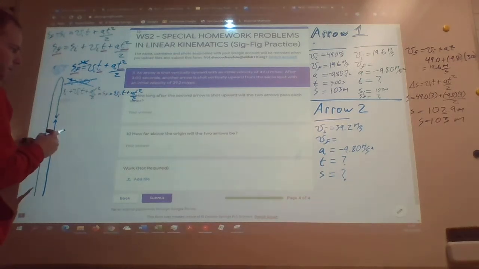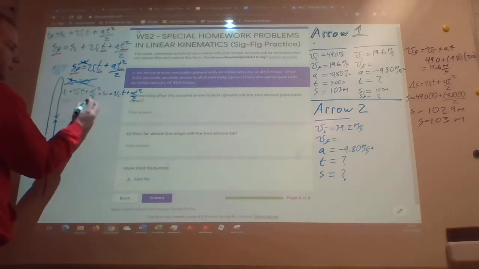Wait, that might not work. Hang on, I'll get back to you on that. First, I'm going to simplify this a bit, and I'm going to replace the t's with red.